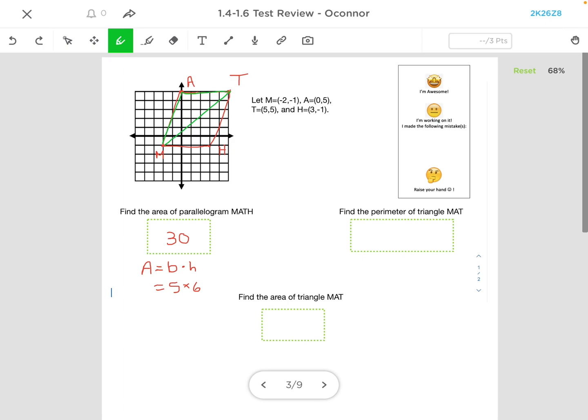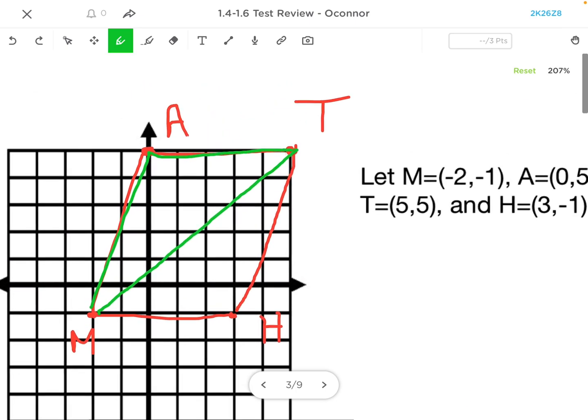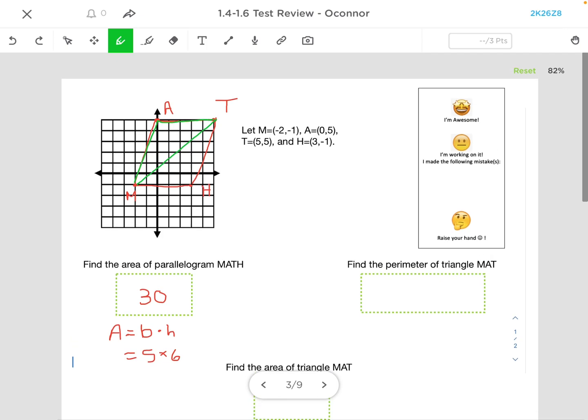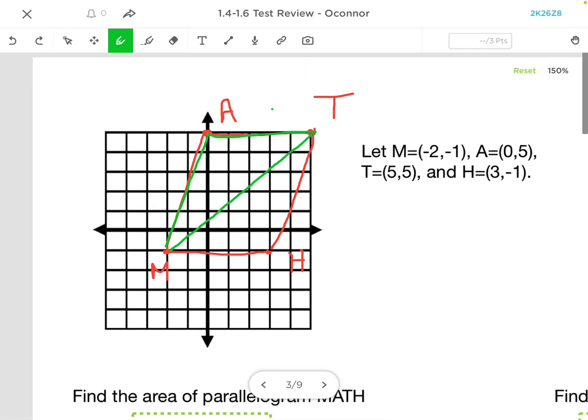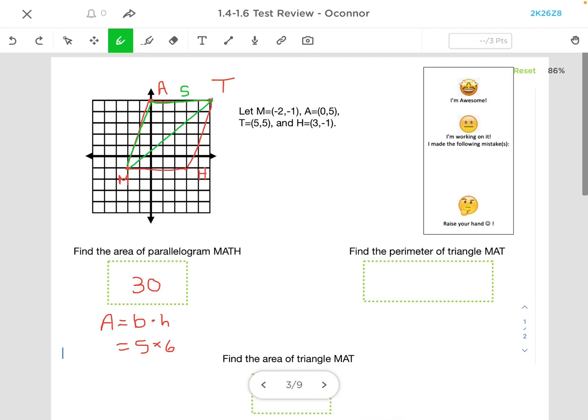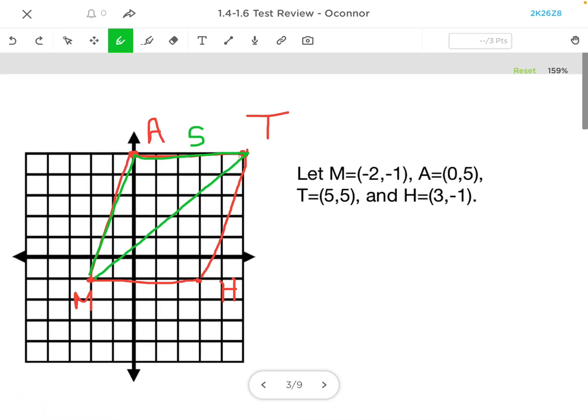So this is going to take some work here, because to find the distance from A to T, it's horizontal, so I could just count 1, 2, 3, 4, 5. So I know that AT is going to be equal to 5. But to find MT and MA, I'm going to have to use the distance formula.